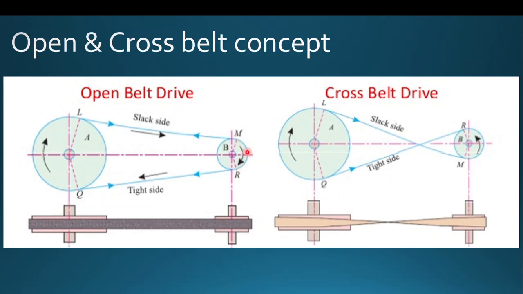The arc of contact in the open belt drive between a pulley and the belt is very low, but in the case of the cross belt drive, the arc of contact is high. See here, the arc of contact between the belt and pulley is very high. This enables the drive to transfer more power from driver pulley to driven pulley. So this is the very important difference between the open and cross belt drive concept.